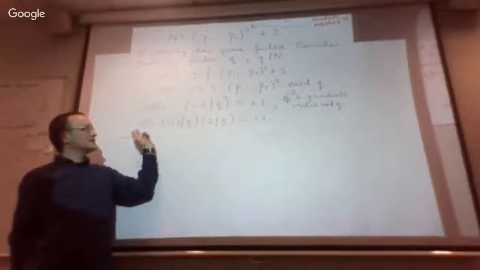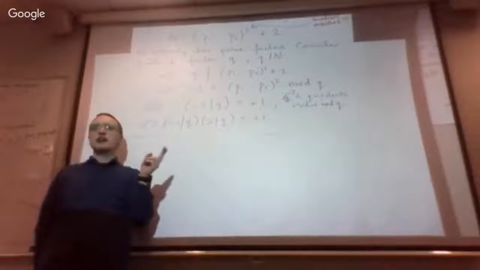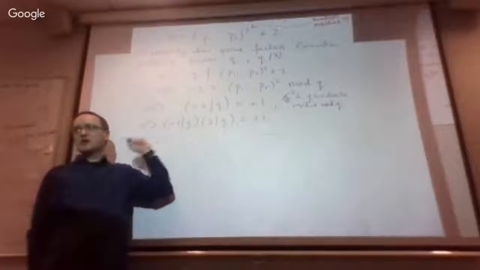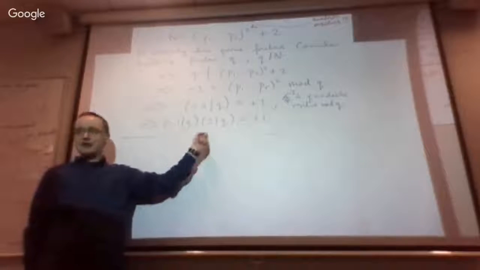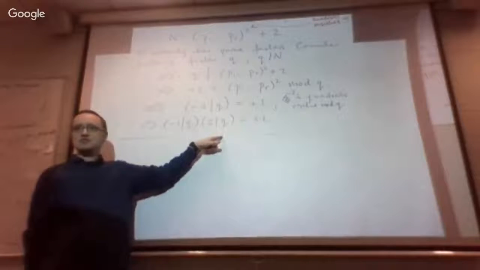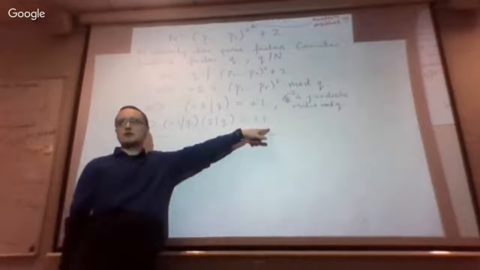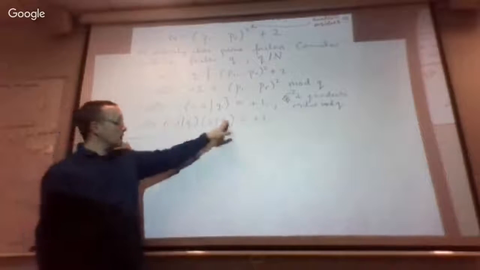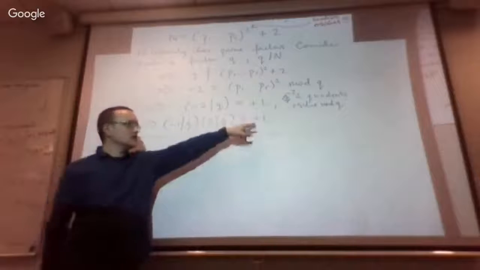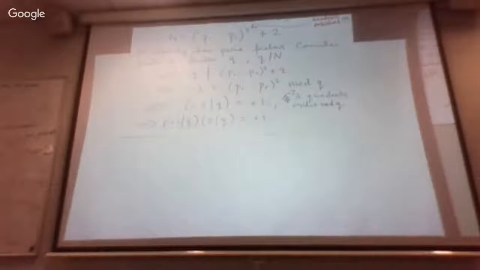So that means what's going on here is one of two cases. Either these are both plus 1, or they're both minus 1. It couldn't be that one of them is plus 1, the other one's minus 1, because then their product would be minus 1. Right? So they're either both plus 1, or they're both minus 1, to give you a product of plus 1.